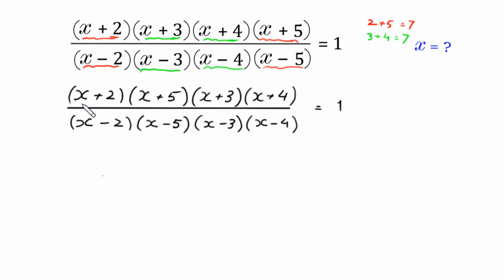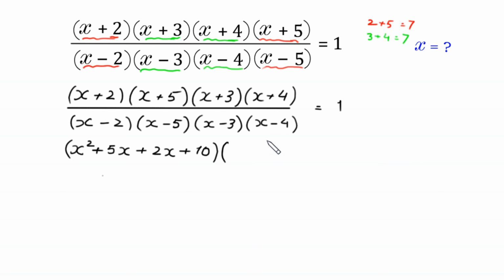Now we multiply this x plus 2 by this x plus 5. So x times x, x squared, and x times plus 5, plus 5x, and plus 2 times x, plus 2x, and plus 2 times plus 5, plus 10, times, we multiply this x plus 3 by this x plus 4.